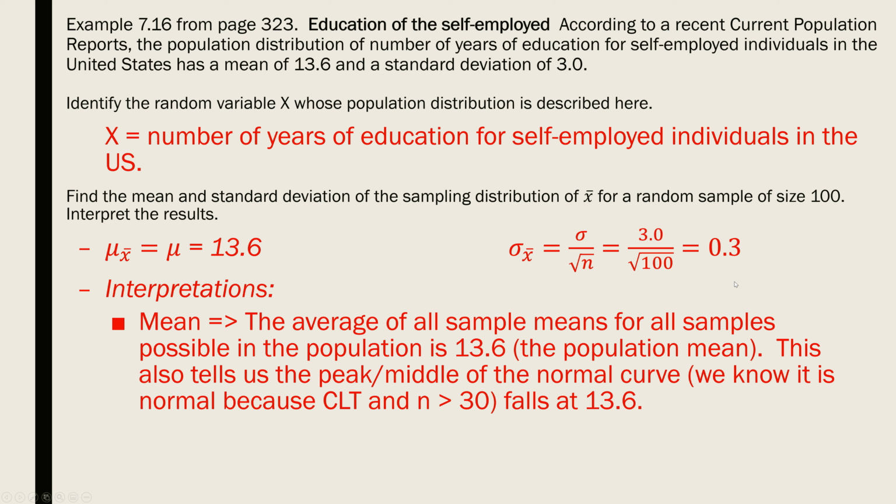This means the average of all sample means for all possible samples in the population is 13.6, which also equals the population mean. This also tells us the peak or the middle of the normal curve falls at 13.6.